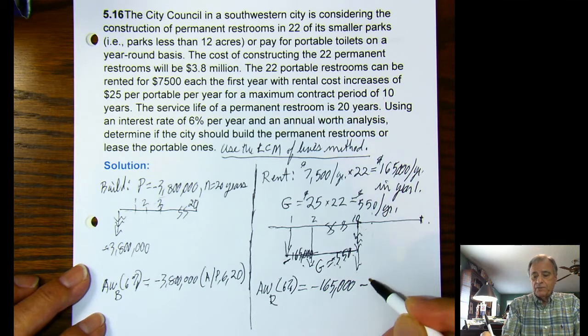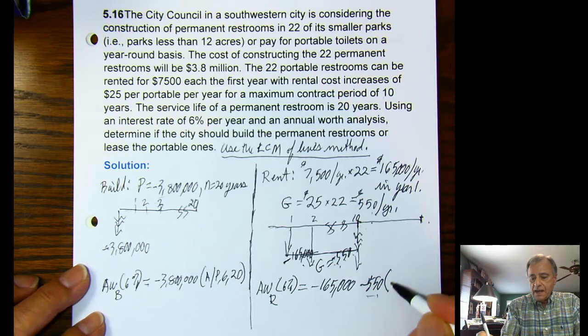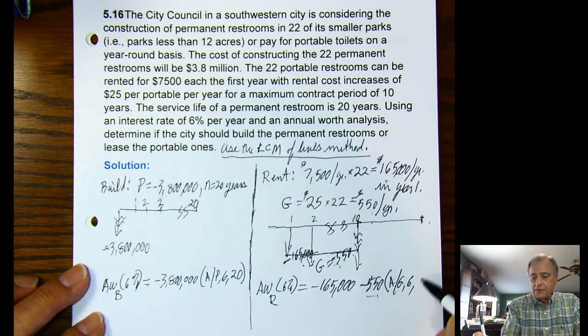Minus 550, that's the G series, A given G at 6% for 10 years.